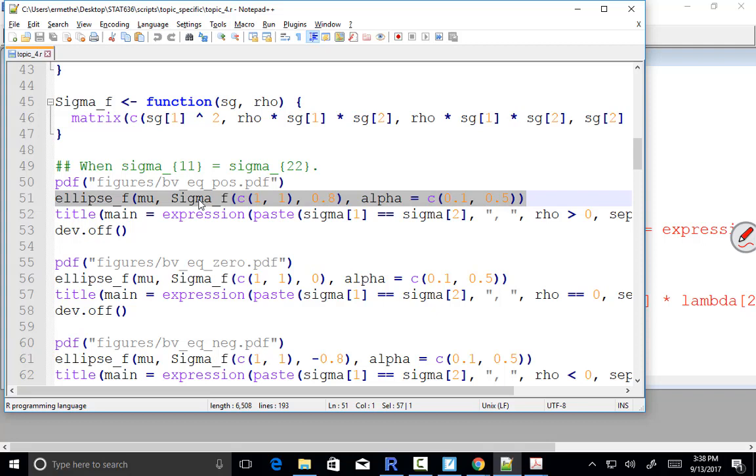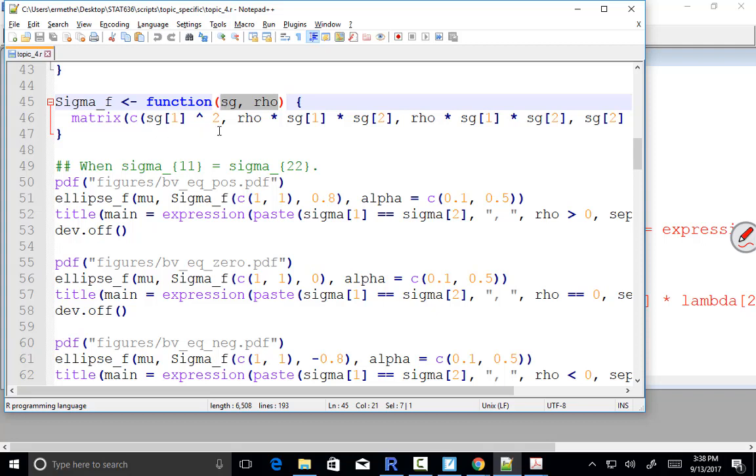Just as a time-saving feature, so I didn't have to repeatedly type matrix concatenation stuff, I created an in-between function that only requires that I provide the standard deviations and the correlation. Using those pieces of information, at least in the two-dimensional case, if you know the 2 standard deviations and the 1 correlation, you can generate the covariance matrix.